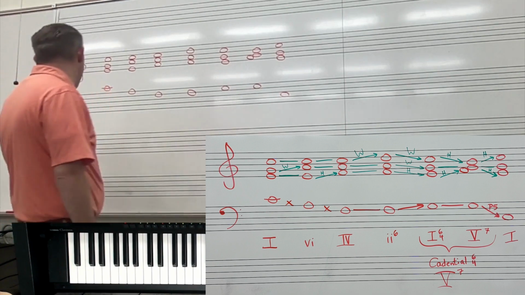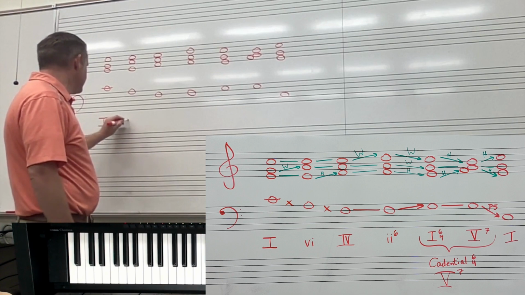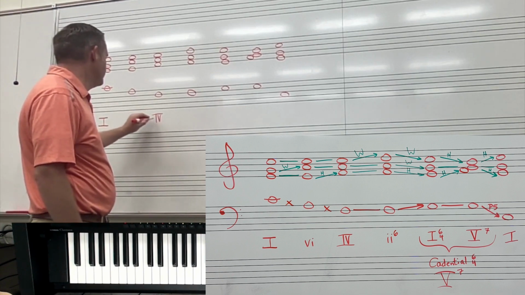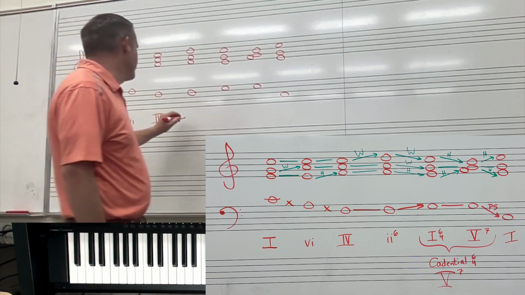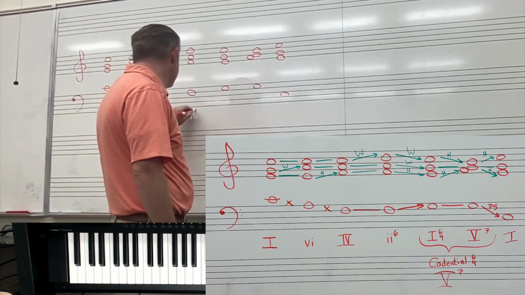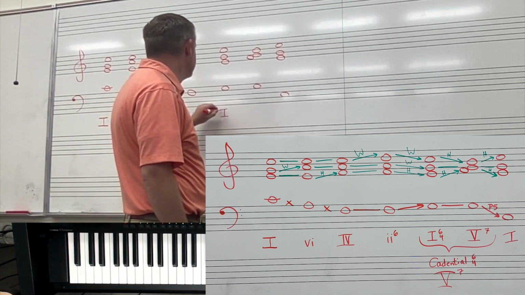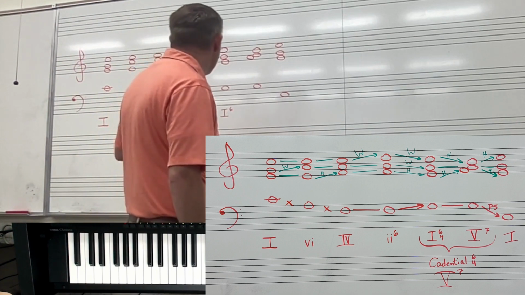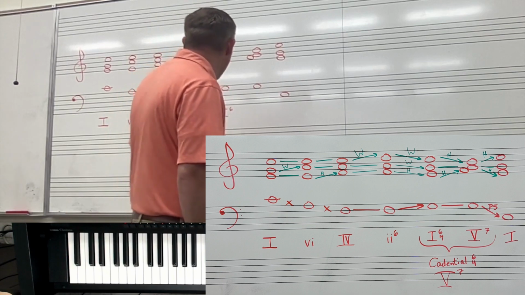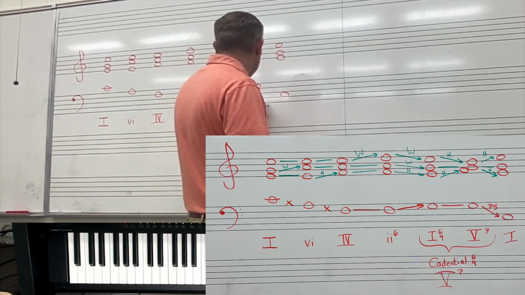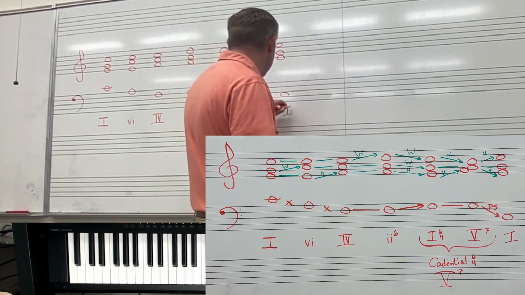We've got a 1 chord. We've got a 6 chord. We got a 4 chord. We got a 2, 6 chord. A 1. What is that? 1, 6, 4? 5, 7. Going to 1.